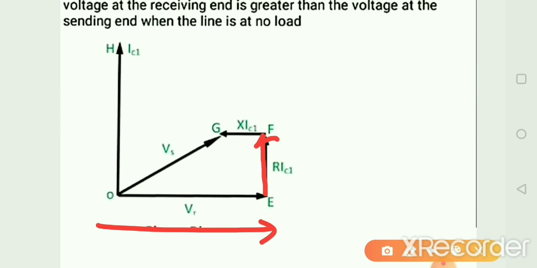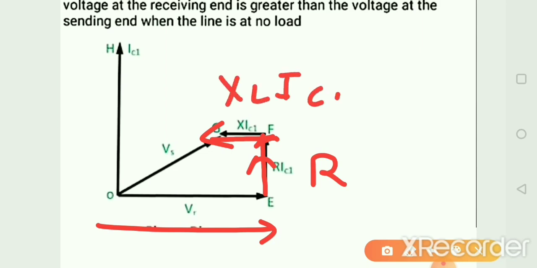We make R in the same phase, because in the case of resistance, voltage and current are in the same phase. For the inductor the voltage drop is XL into IC1, and for the resistance the voltage drop is R into IC1. In the case of the inductor it is leading.